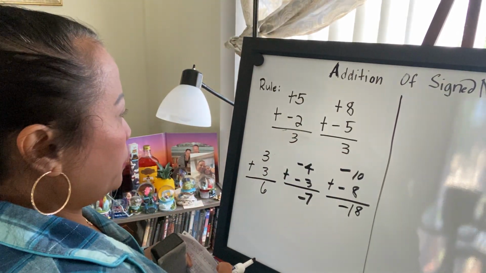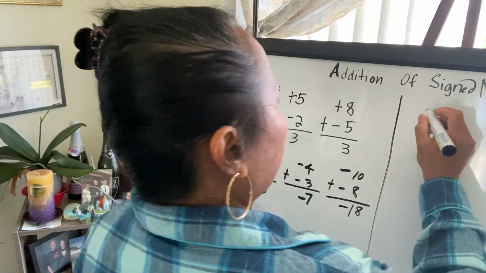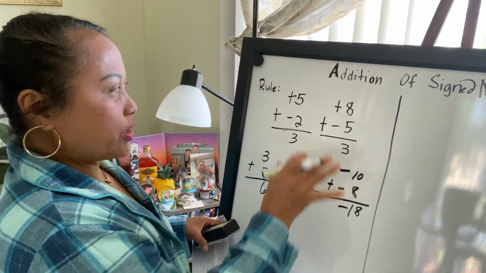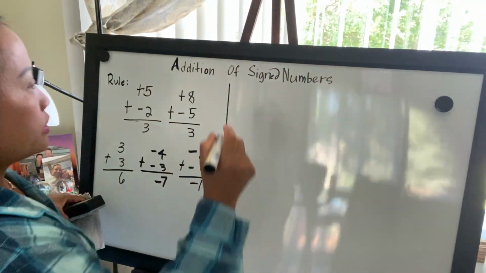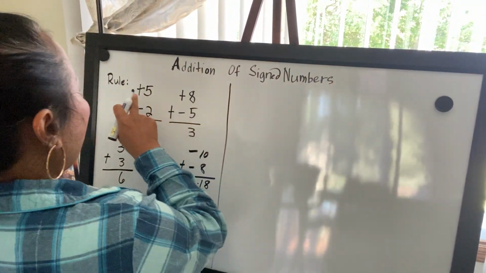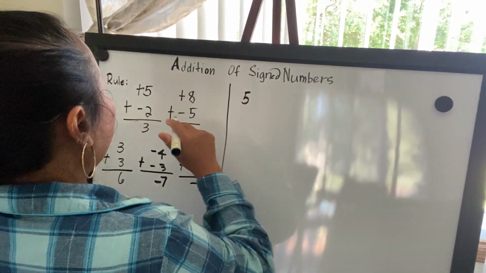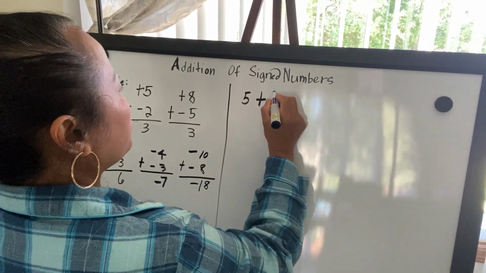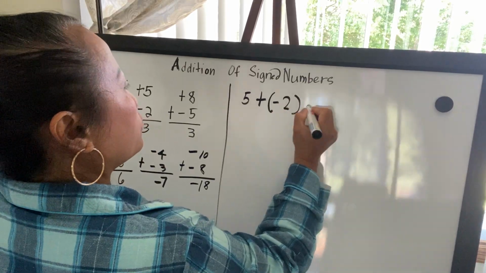Adding numbers with a different sign. This one, you can also write in this format, okay? Like for example, positive 5 plus negative 2.